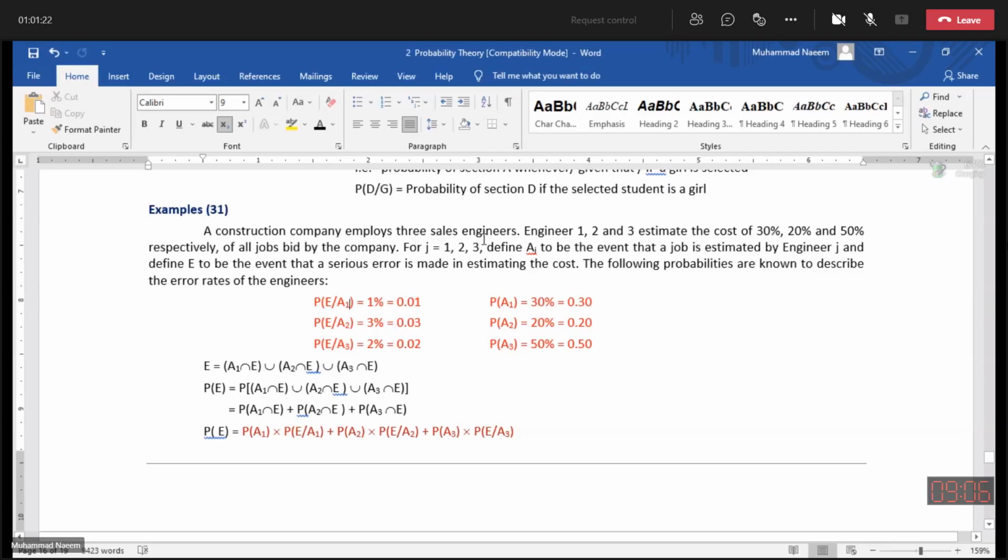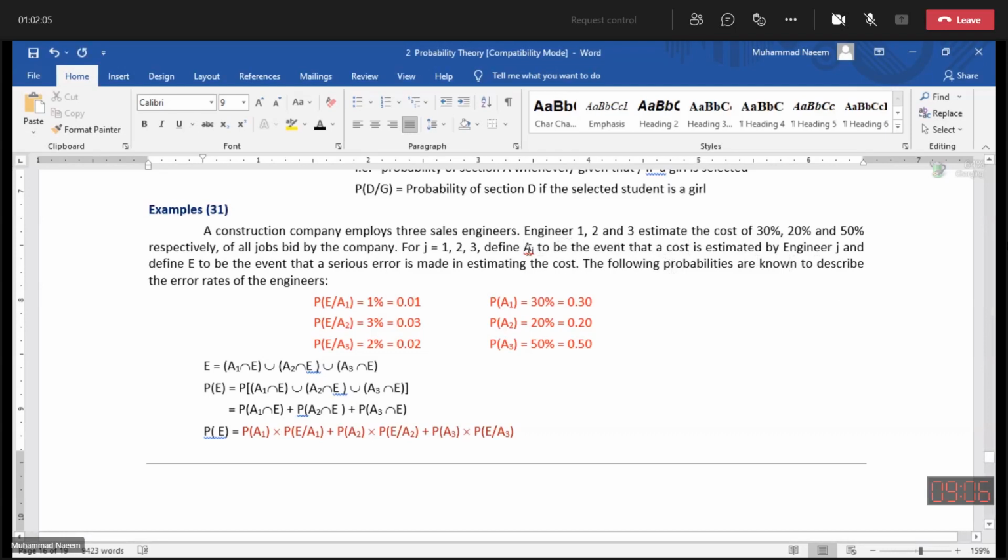So we denote this estimation of the cost by the event AJ, where J is 1, 2, and 3. This is the event that our job is estimated by engineer J. This event will be A1 if the cost is estimated by engineer 1.